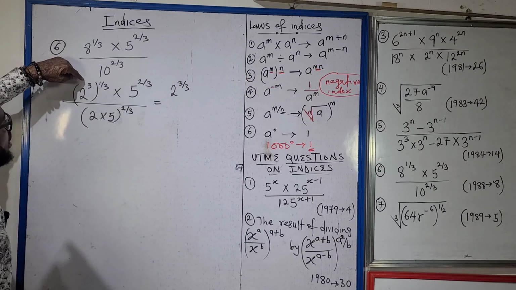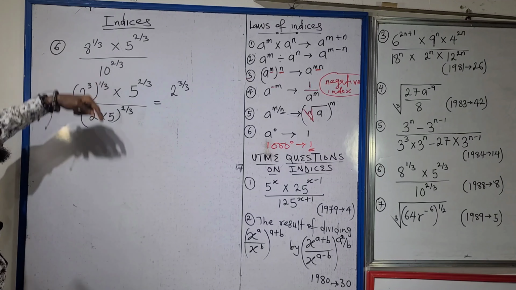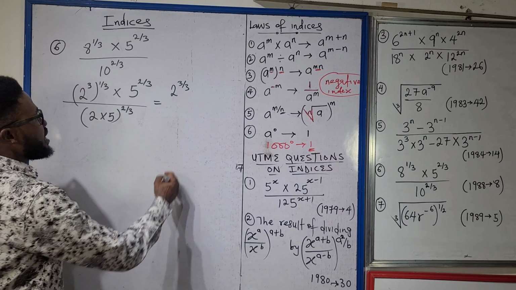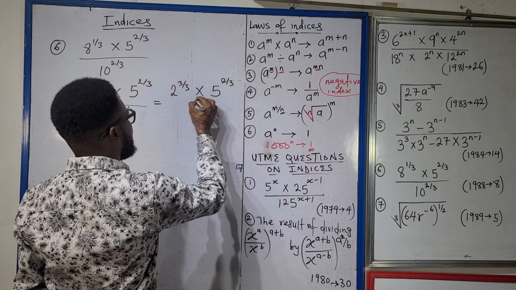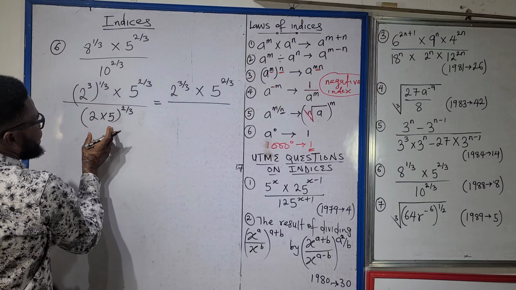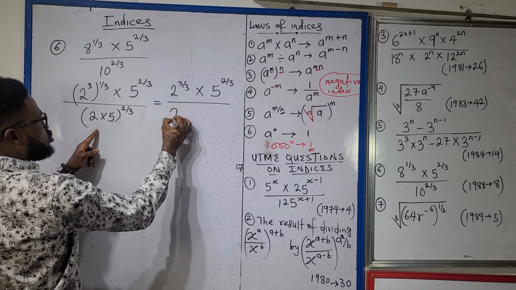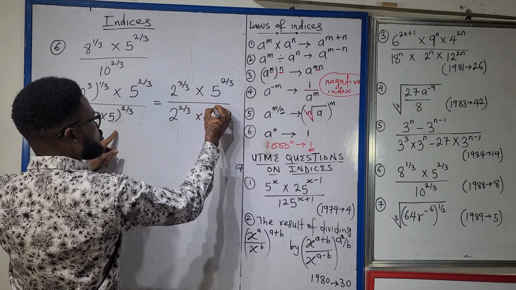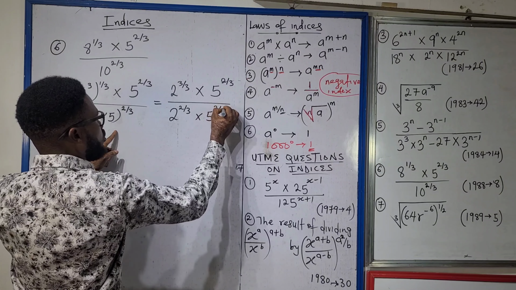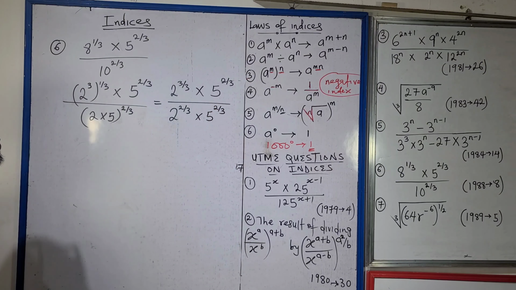Of course, product power law, you expect 3 to multiply 1 over 3 times 5 raised to power 2 over 3, all divided by, now having 2 and 5 here, this means 2 raised to power 2 over 3 times 5 raised to power 2 over 3. That's what we have for now at the least.